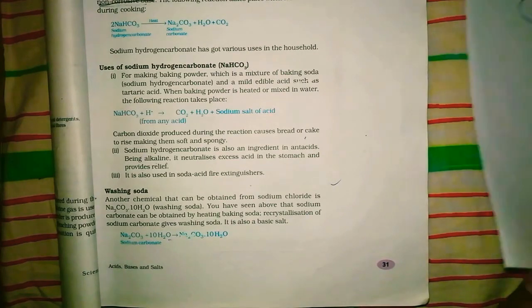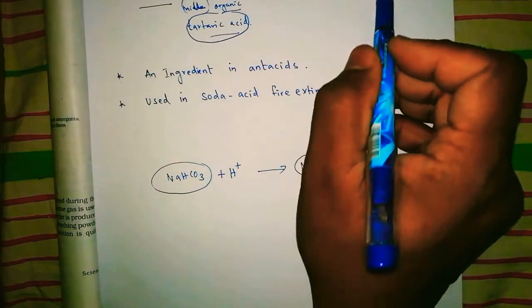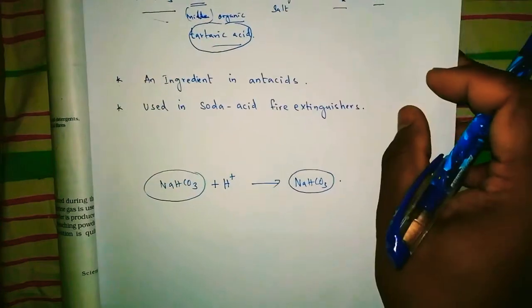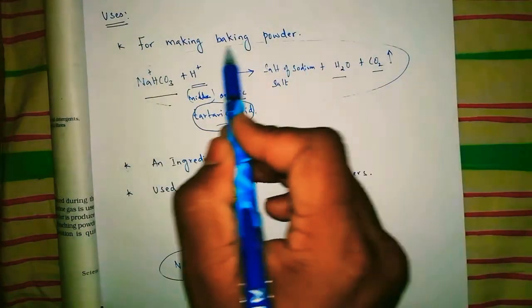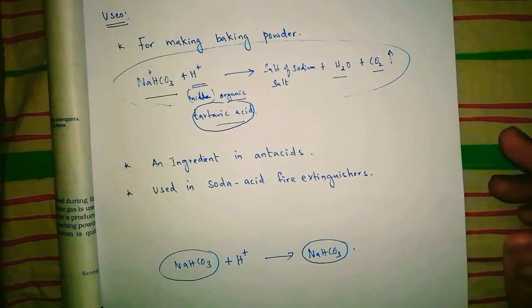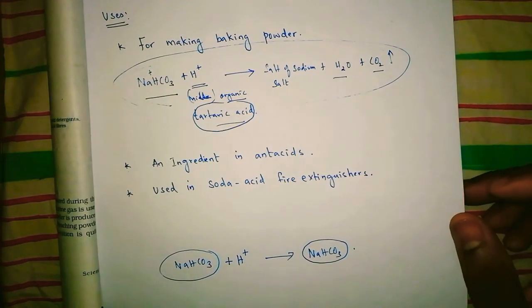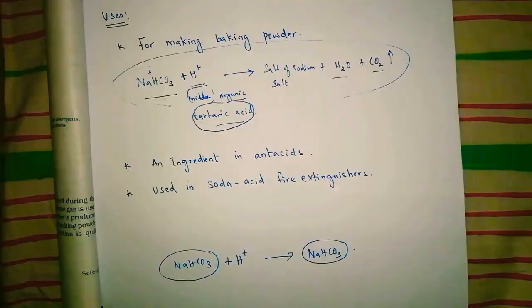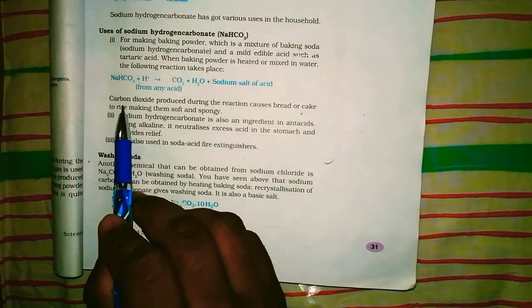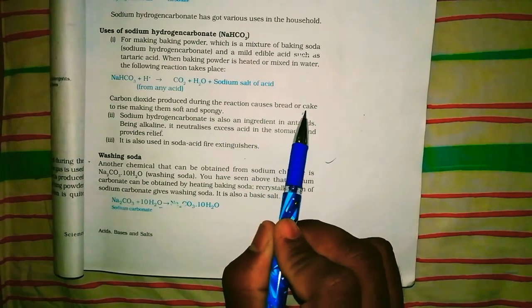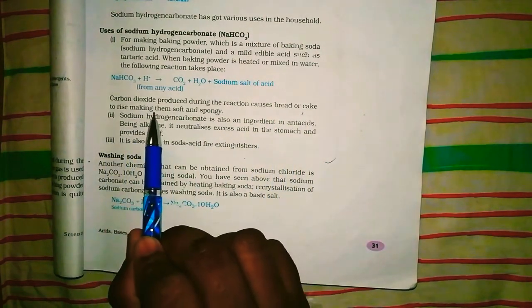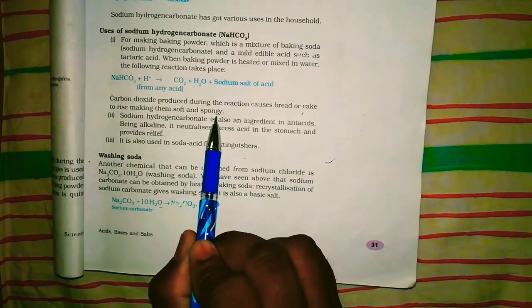Clear? Okay. Let's see how this reaction works, because this is a very important topic and can be asked in a different way also, like a question such as: how does the carbon dioxide produced during the reaction cause bread or cake to rise, making them soft and spongy?